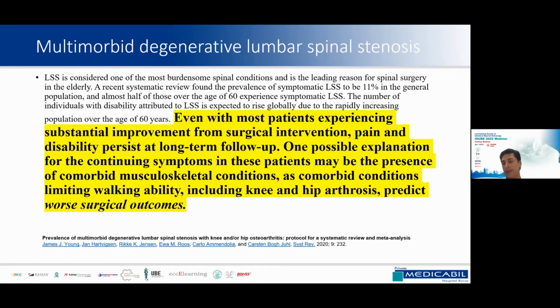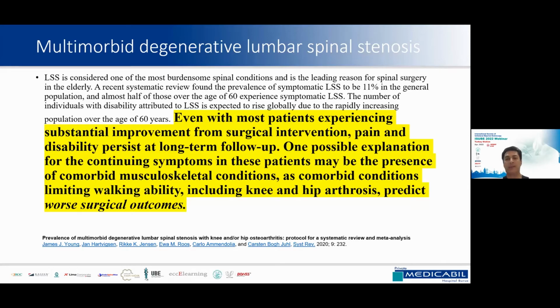The other problem is that lumbar spinal stenosis is not a lone disease. Many other pathologies accompany this problem. Even though most patients experience substantial improvement from surgical intervention, sometimes pain and disability persist at long-term follow-up.